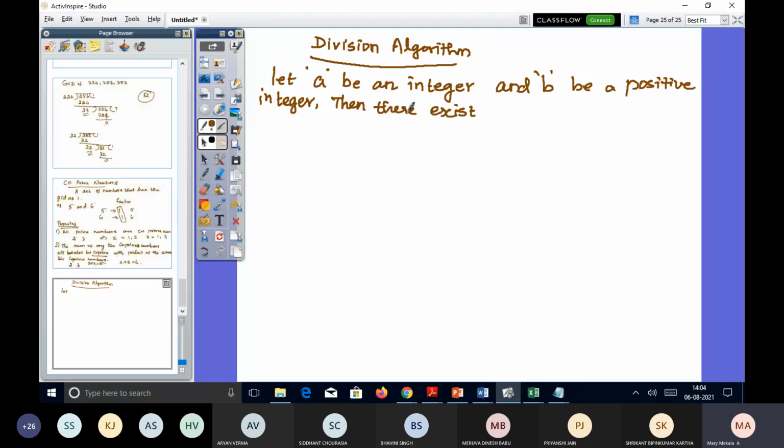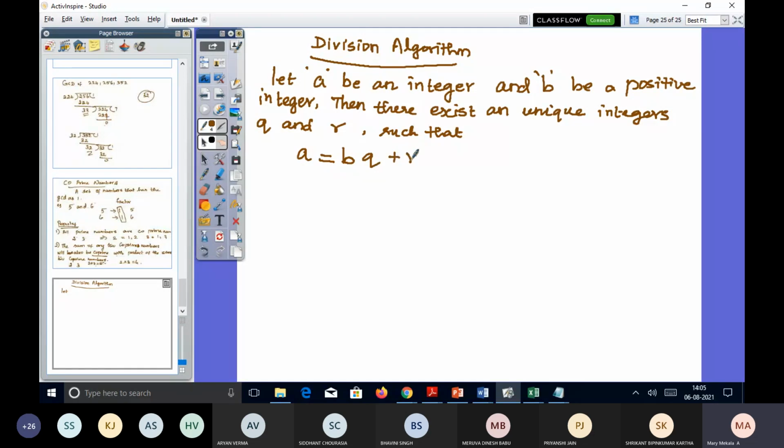There exist unique integers. What are those? Those are the quotient and the remainder, isn't it? We know how to perform division. So there exist two integers, q and r. This is the quotient and this is the remainder, such that a is equal to b into q plus r.